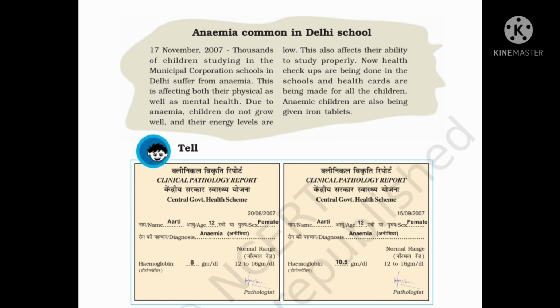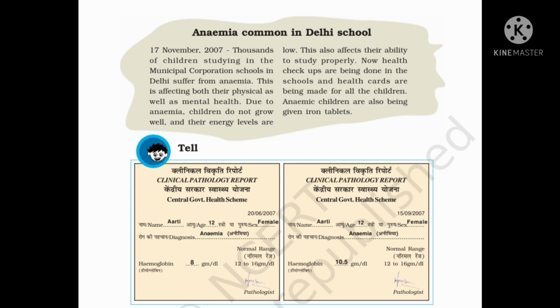This is affecting both their physical as well as mental health. Due to anemia, children do not grow well and their energy levels were low. So this is something we came across the last day as well.